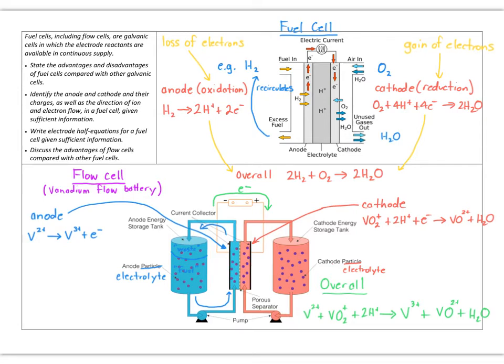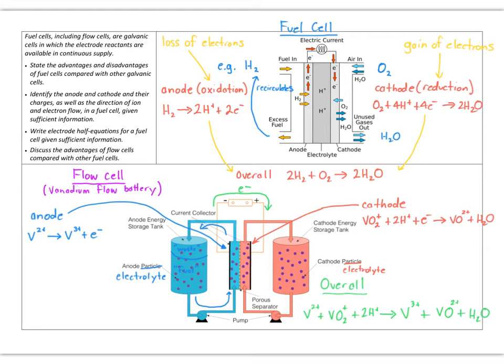The most common one is based around the vanadium ion, and we have vanadium 2 being converted to vanadium 3 with the release of an electron at the anode, so loss of an electron, oxidation, anode. Then at the cathode, we have the VO2+, I think that's called the vanadate ion, but don't quote me on that, plus 2H+ plus an electron goes to form the VO2+ plus H2O.